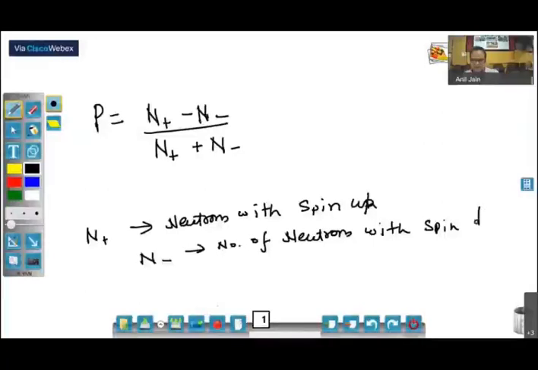I am defining up and down with respect to the z axis where I have applied the magnetic field. And n plus plus n minus is equal to n, which is the total number of neutrons.